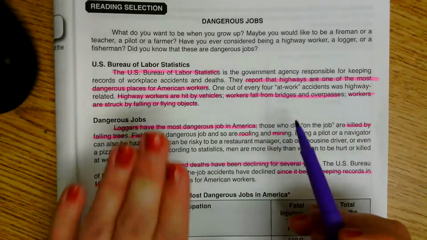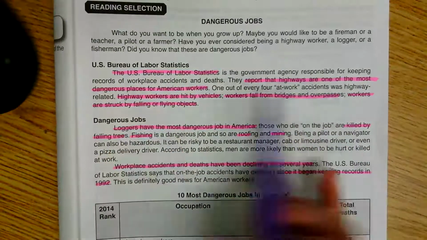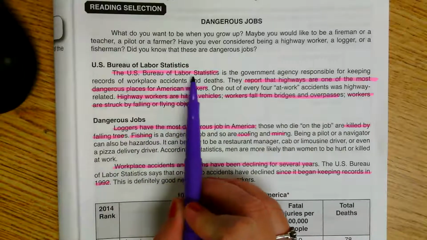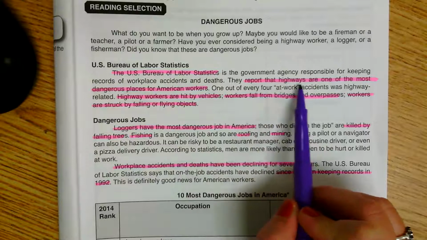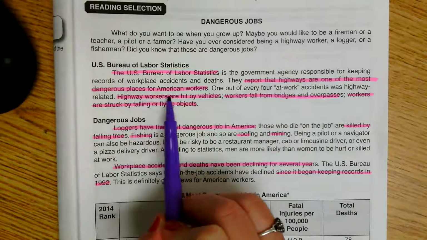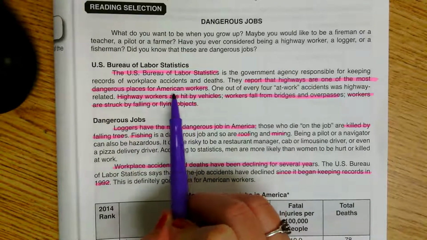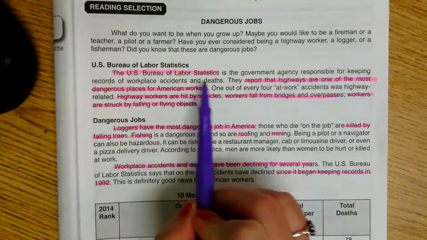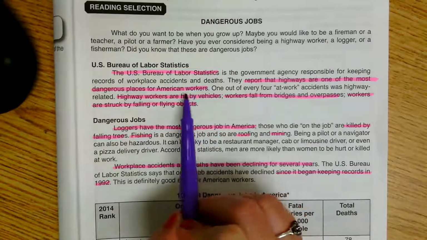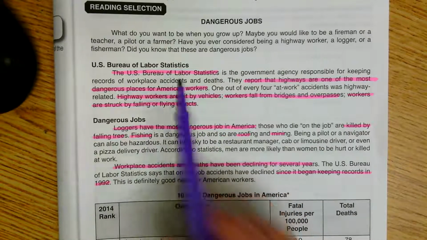So the first information that I have highlighted is about the U.S. Bureau of Labor Statistics. And in the article, it tells me that they report that highways are one of the most dangerous places for American workers. So I'm going to start with this detail. Now, I've kind of broken it up here, so I'm not going to worry about copying it straight from the text. I'm going to reword this just a little bit.